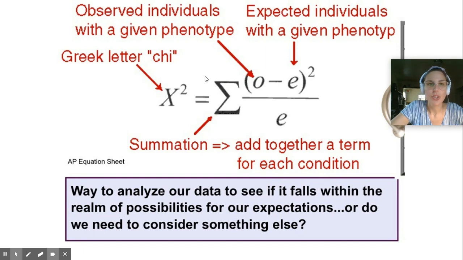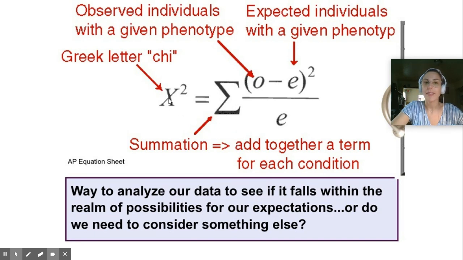First of all, we know that this symbol here means it's a summation, so we need to add together all of the parts. We're going to add together all of our observed minus expected, squared, over expected. So if instead of red and black it had been the four suits in the deck of cards, we would have had four different pieces to add up here, because this is a summation.